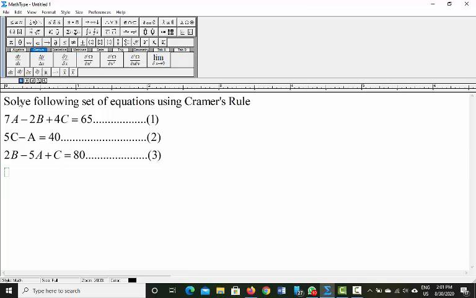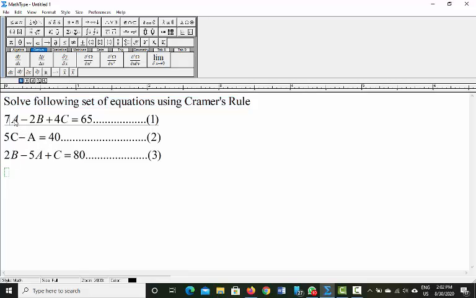Now we will move to Cramer's rule. Here the question is asking, solve the following set of equations using Cramer's rule. We have 3 equations here, and we need to solve them and find the value of the variables.